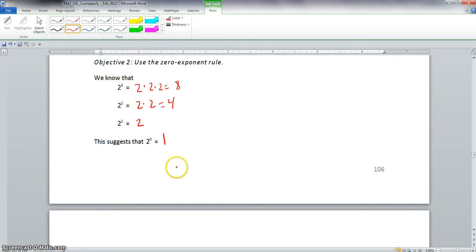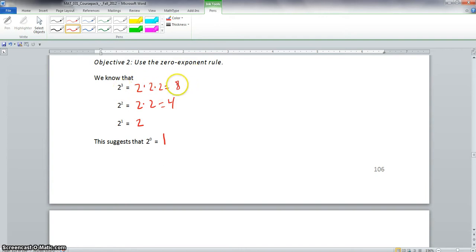Now, let me show you what actually happens here. When you go down by one exponent, you take this answer divided by this answer, 8 divided by 4. That gave you 2. For every exponent that you go down one, you would just divide by 2.